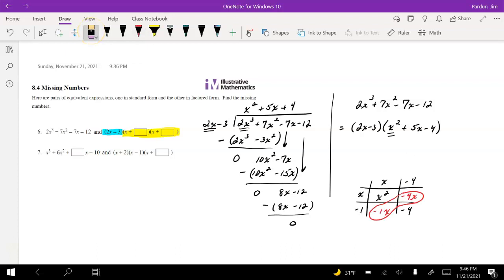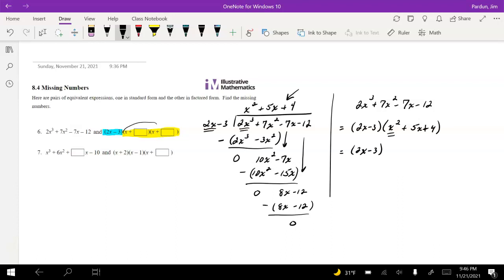All right, so hold on. That's not a minus 4. It is x squared plus 5x plus 4, if we look at our quotient up here.